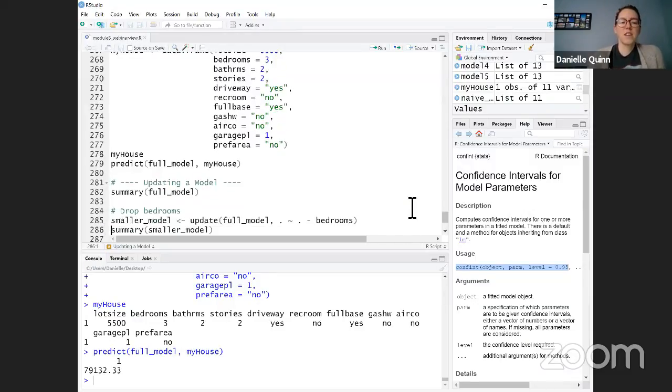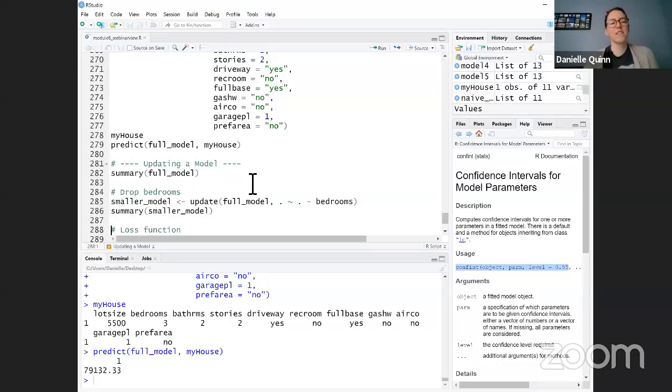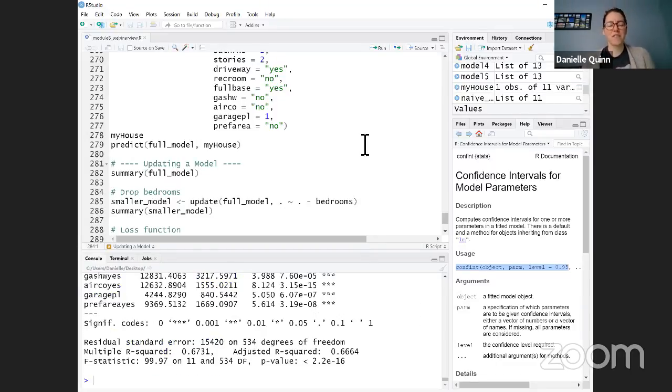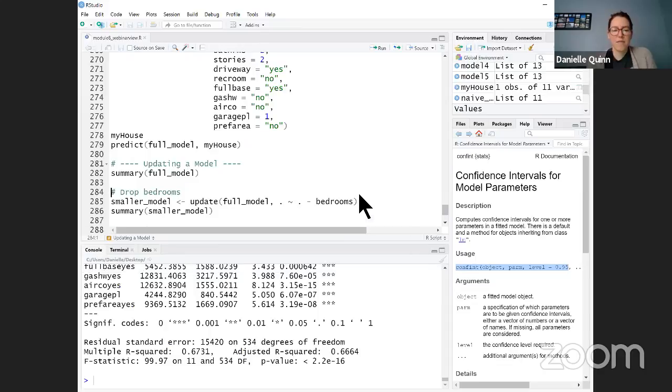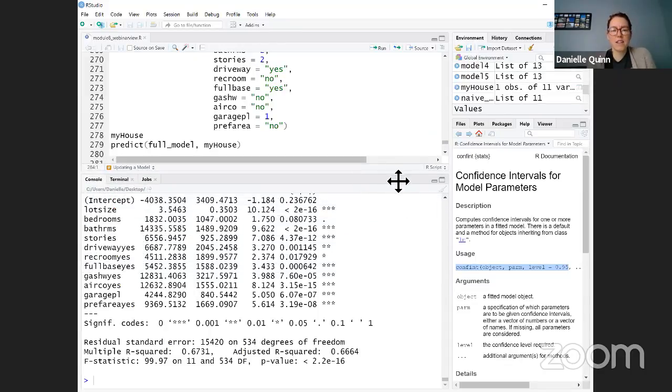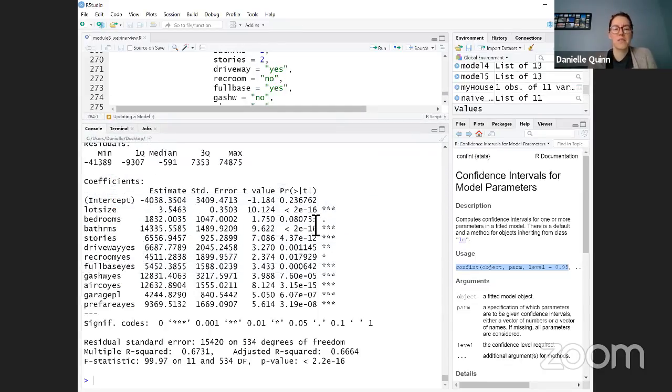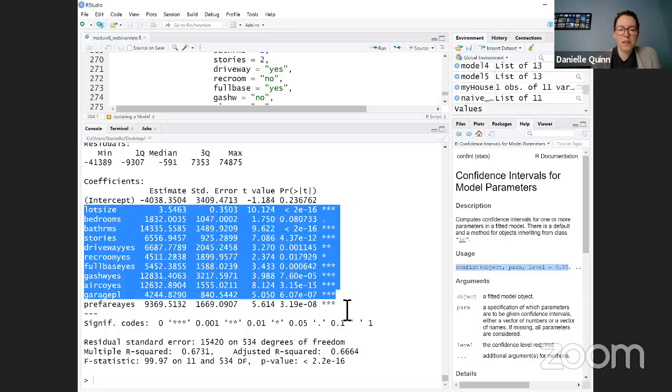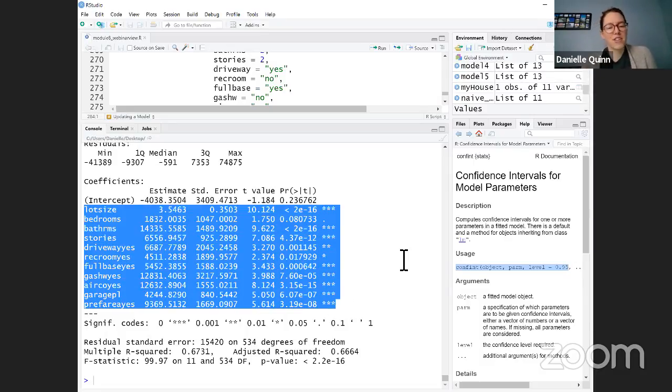And then let's take one more step and let's look again at the summary of our full model. And let's take a look at these p-values associated with these coefficients. Okay, so when we're looking at all of these slopes, we're basically thinking, okay, do we actually need all of these predictors to be in our model? Because remember, every single time we have to estimate a coefficient, it means that we're going to be plus or minus a little bit more in another way, right?